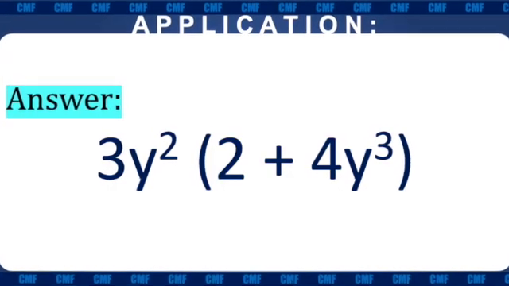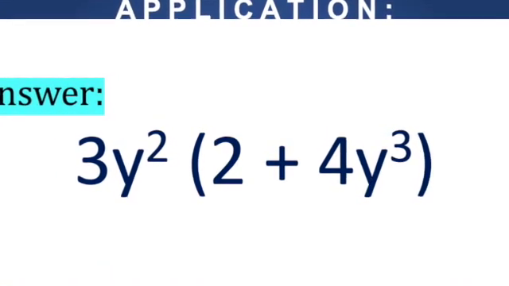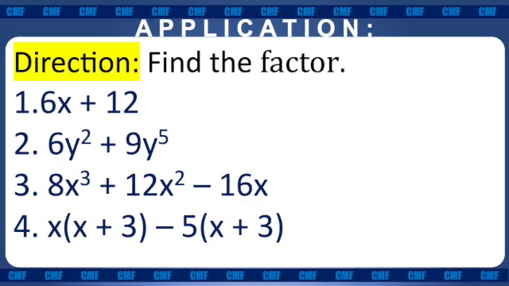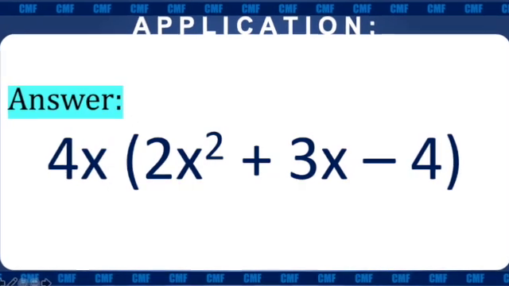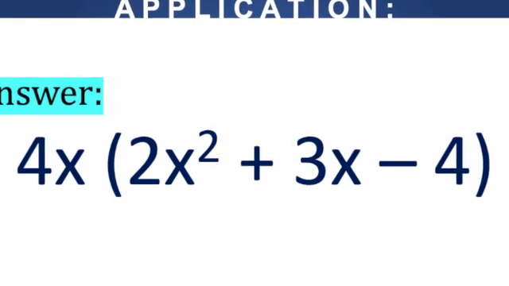It's 3y squared parenthesis 2 plus 4y cubed. Next, number 3. 8x cubed plus 12x squared minus 16x. What are the common factors? The common factor is 4x. It's the GCF, 4x. Then in parentheses, the second factor is 2x squared plus 3x minus 4.